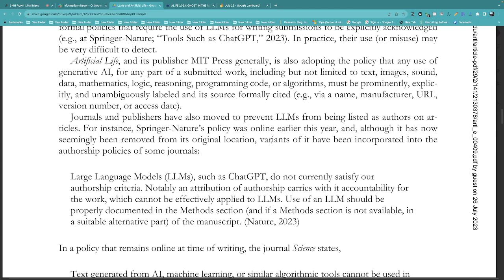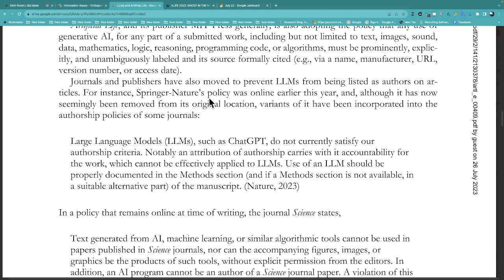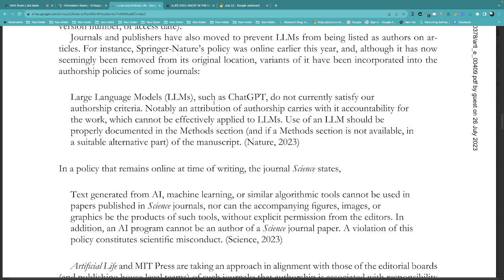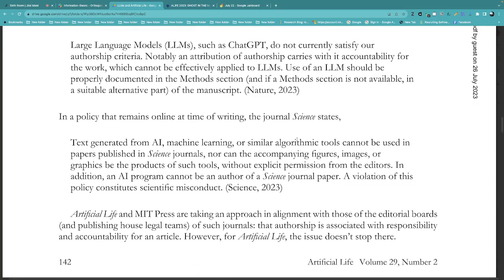Also, they have rules about LLMs. They try to limit the use of large language models. Springer Nature has a zero tolerance policy, but that's for authorship, and so that's something also that needs to be transparent.